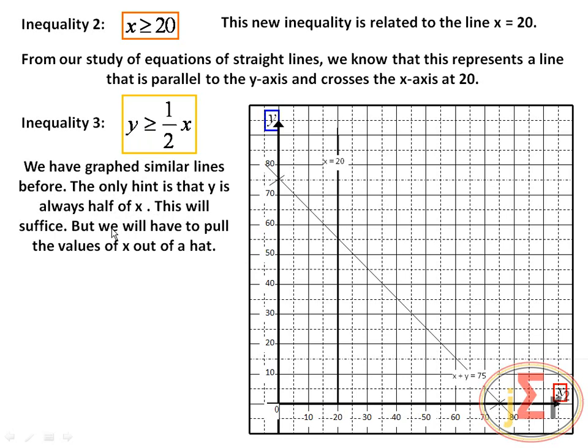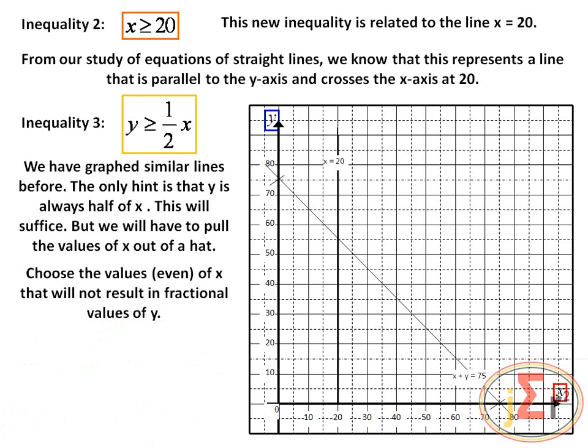This will suffice, but we will have to pull the values of x out of a hat. So we will have to arrive at our values of x all on our own. And that is not very difficult. So choose the values of x. The reason why we are choosing even values is that we try to avoid using any fractional values unless we have to.